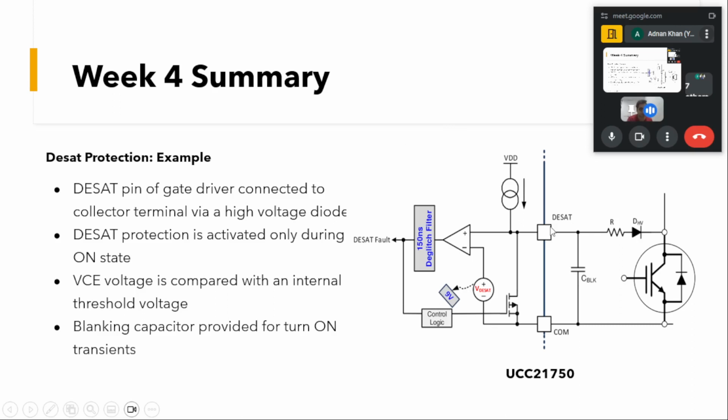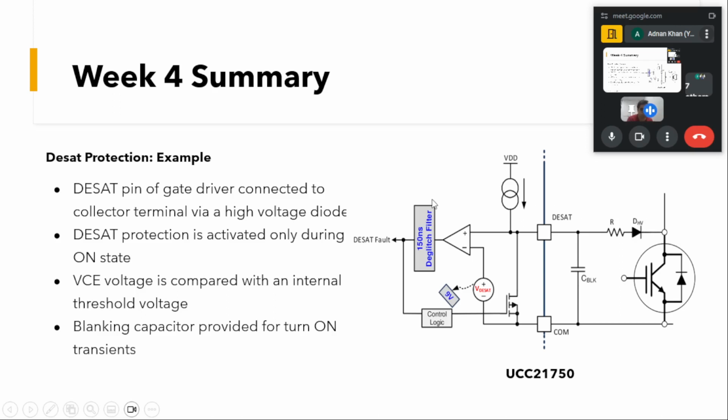The gate driver IC has these pins. The DSAT pin here, if you can see the cursor, is connected to the collector or drain terminal of the MOSFET or IGBT through an R and some diode, and this diode should be rated for a very high voltage. Why so?